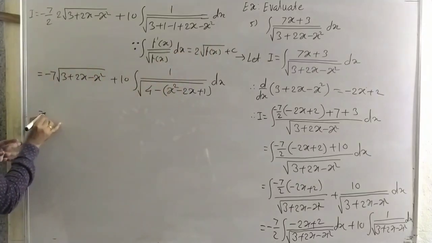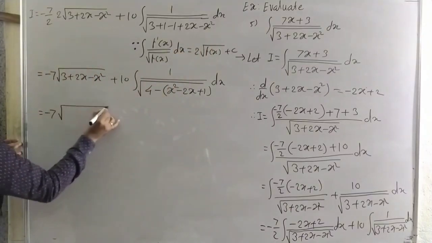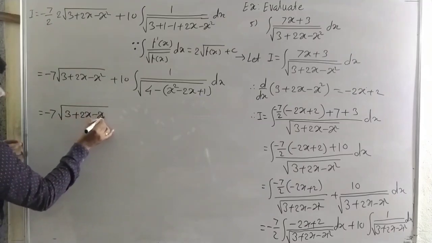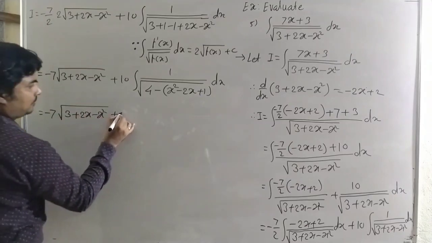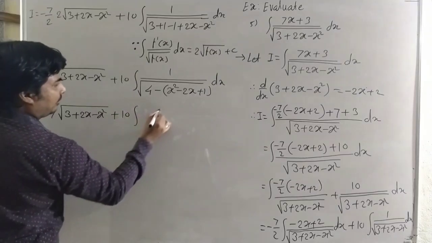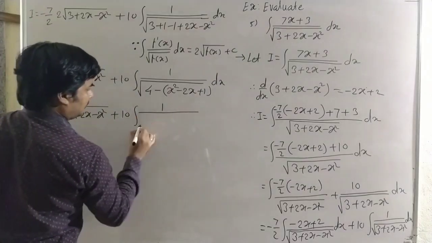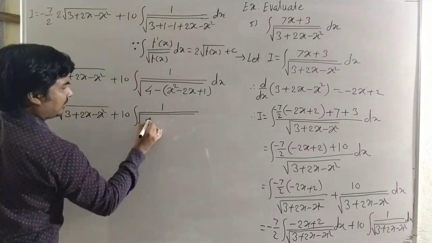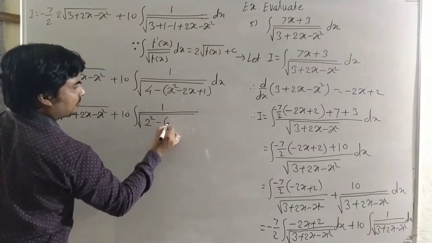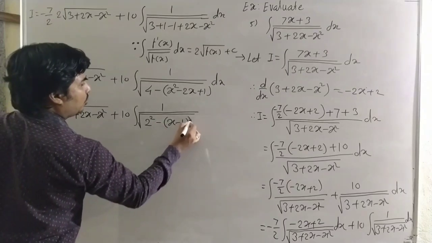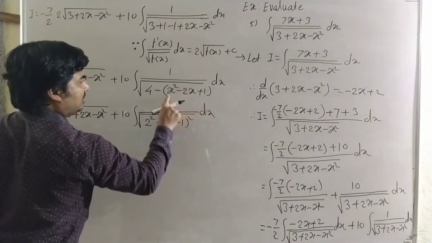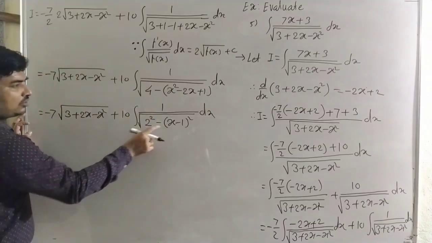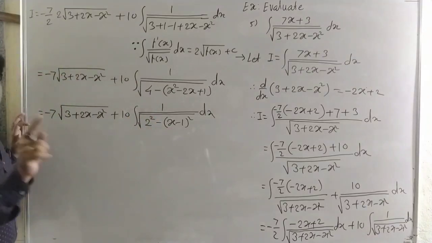Then minus 7 into under root of 3 plus 2x minus x square, plus 10 into integral of 1 upon under root 2 square minus x minus 1 whole square dx. It is x minus 1 whole square. Now here 1 upon under root a square minus x square is sin inverse x by a.